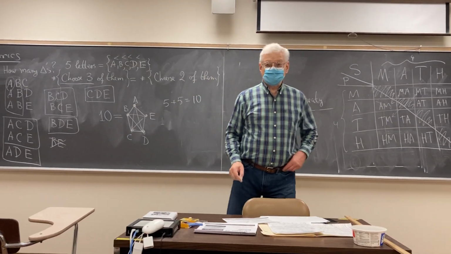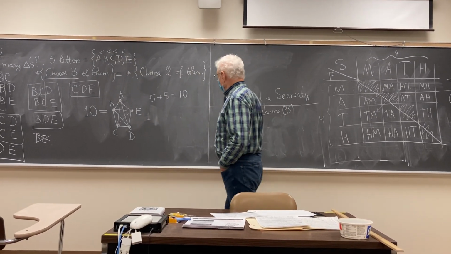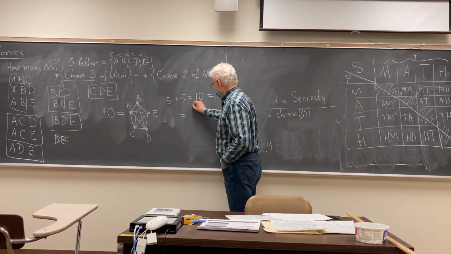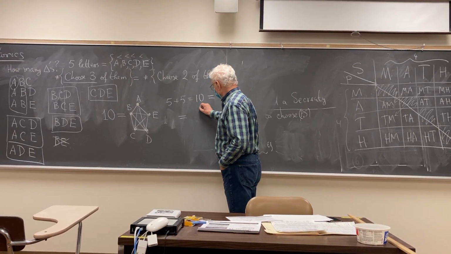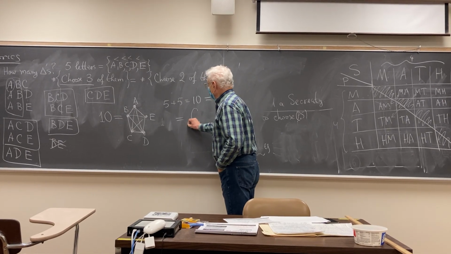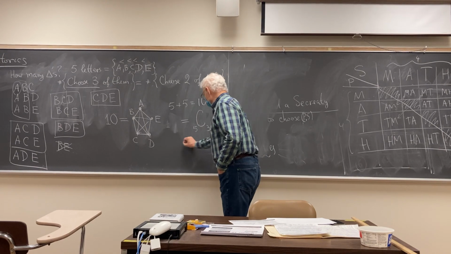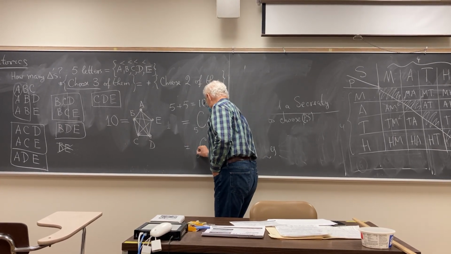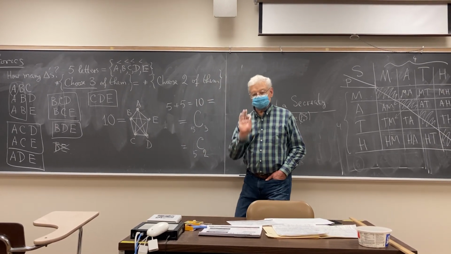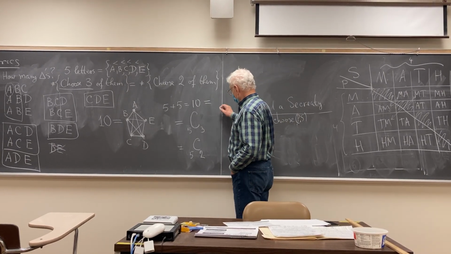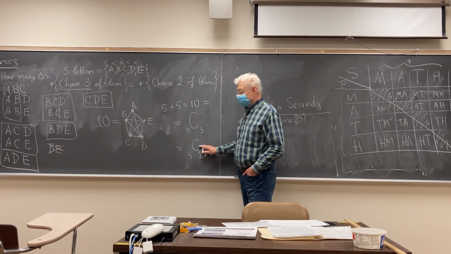Okay, a little bit later in the last chapter, you will know that this number is very interesting. In the book it's written as follows: C 5 3, which is the same as C 5 2. It's just my step, I jump to the next section. But also in mathematics, C means choose.